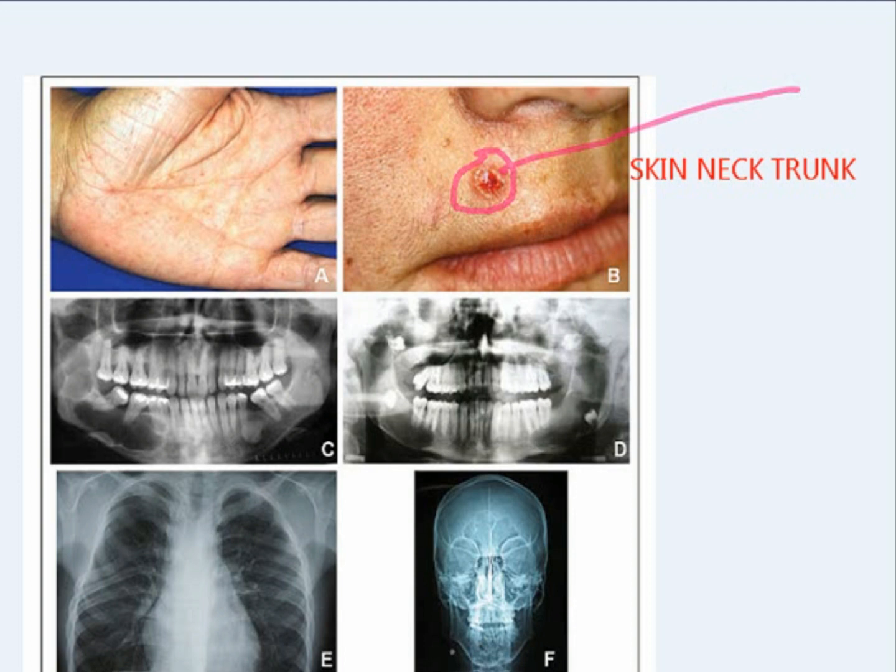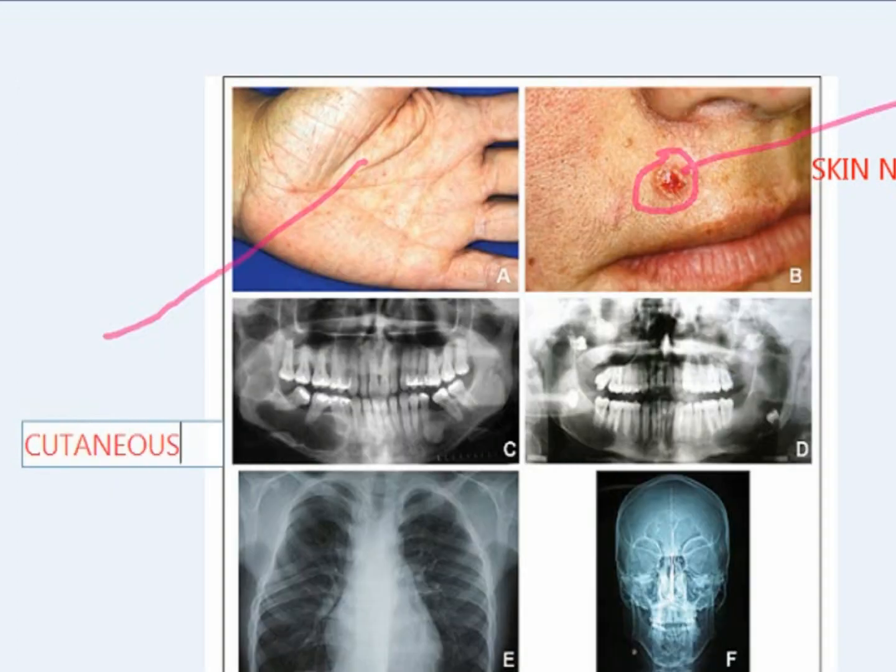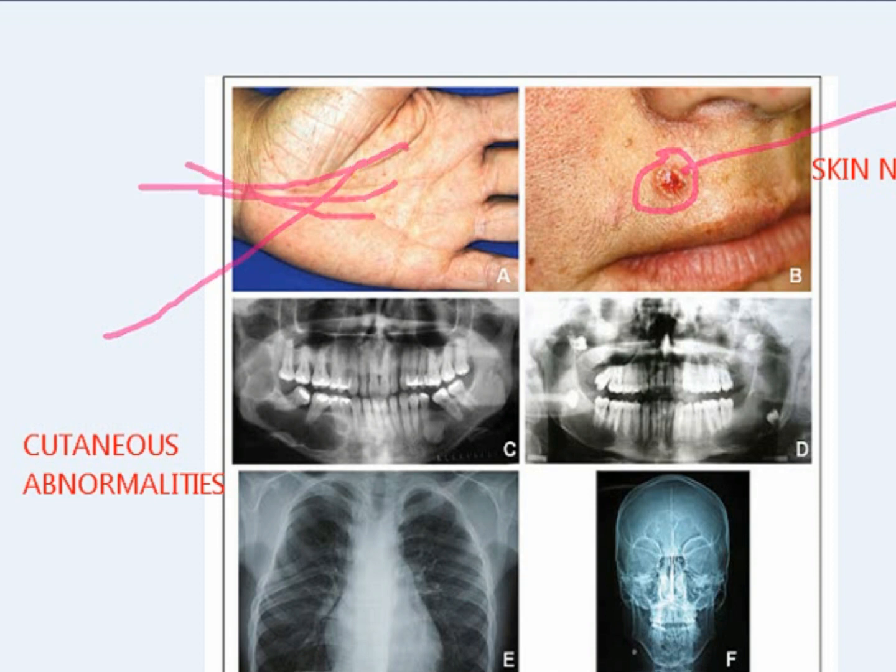These are the cutaneous abnormalities. They are dermal cysts, and you can clearly see the palmar pittings. You can clearly see these smaller dots.